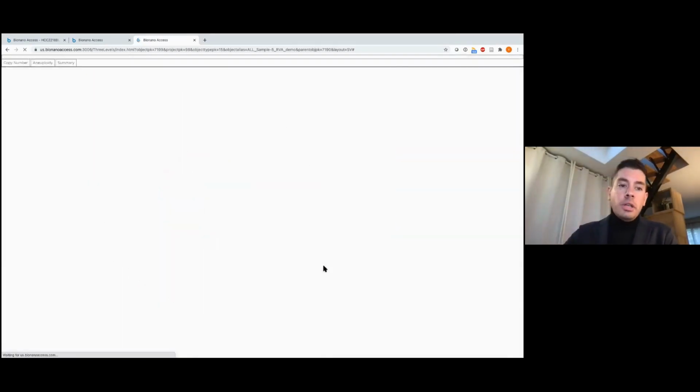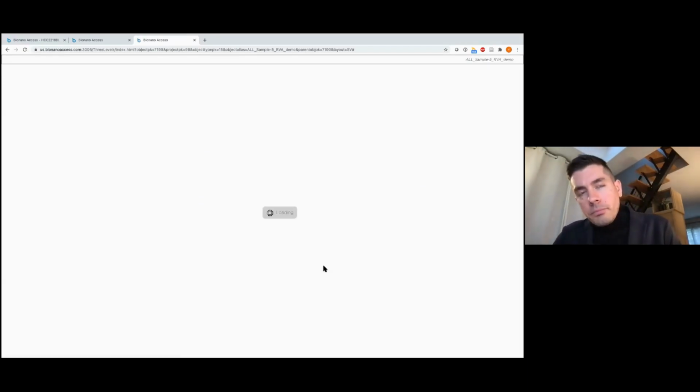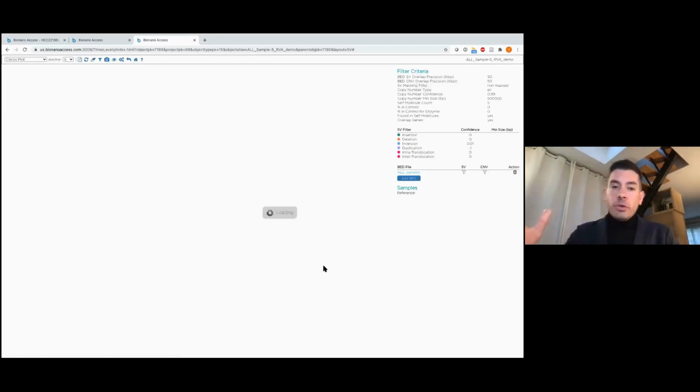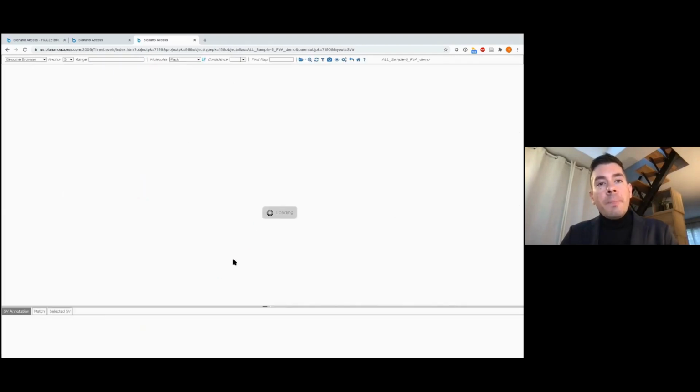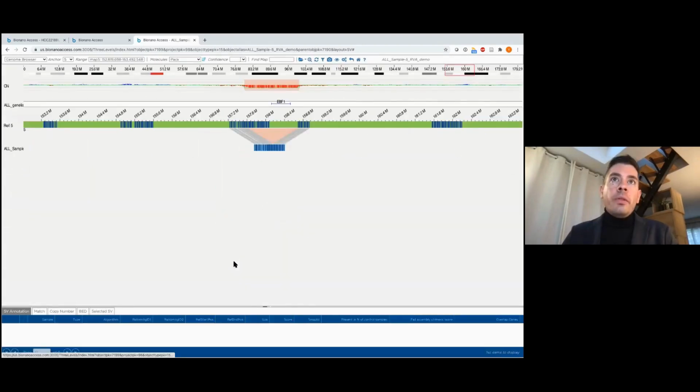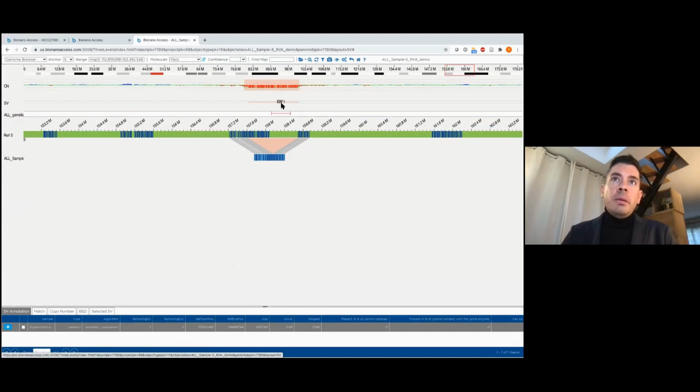And in just a few clicks and just a few seconds, I will have just the filtering of this genome-wide information that will allow me to focus only on the variants overlapping with genes that are reported to be clinically significant in this cancer. If I click on this one, this is a deletion of the EBF1 gene.